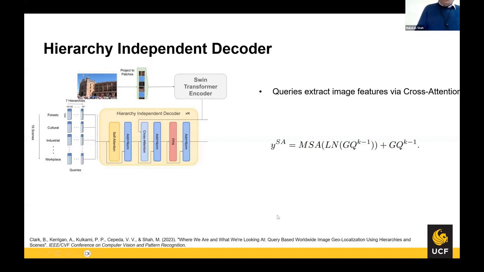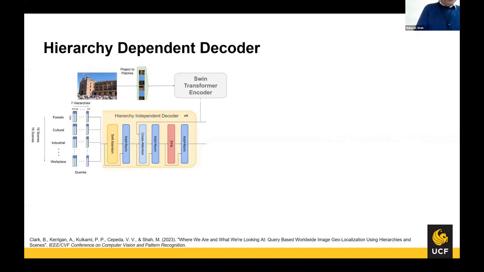This is standard: we take the previous layer of the query, do layer normalization, multi-head self-attention, skip connection, and then here we do a cross attention with the encoding of the image, which is coming from here, and then the feed-forward network. So, a standard transformer.